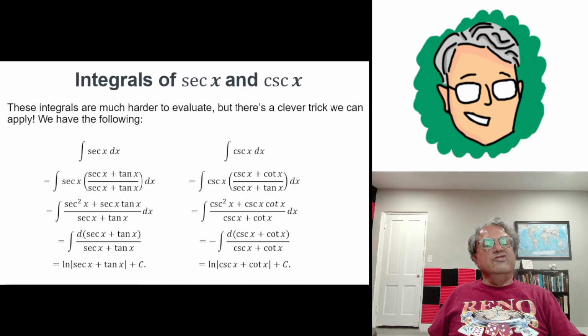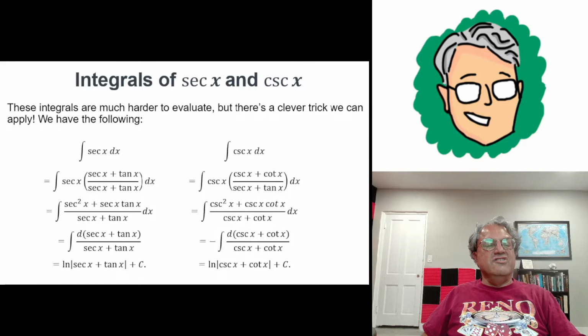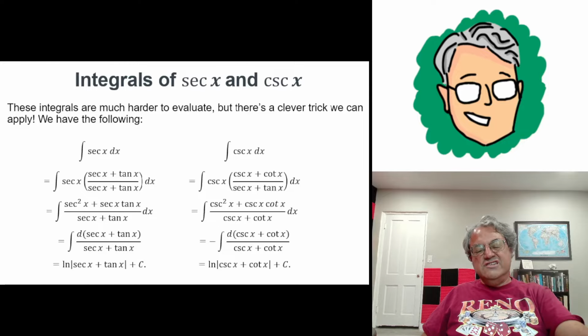The actual result for the integral of cosecant is minus natural log of cosecant x plus cotangent x plus c, because I forgot that the derivative of cotangent is minus cosecant squared, and the derivative of cosecant is minus cosecant x cotangent x. So sorry about that. There should be minus signs there, but you get the idea. So that's how you get those two integrals.